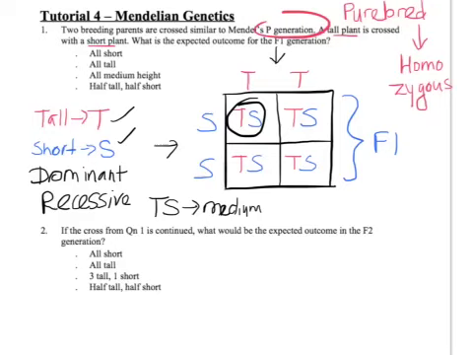And the next one, if I have capital T and I make my short allele the recessive one, this will make the plant tall. However, in another case, if I were to make the short allele the more dominant one, it's going to end up looking like that, and this will make the plants short.